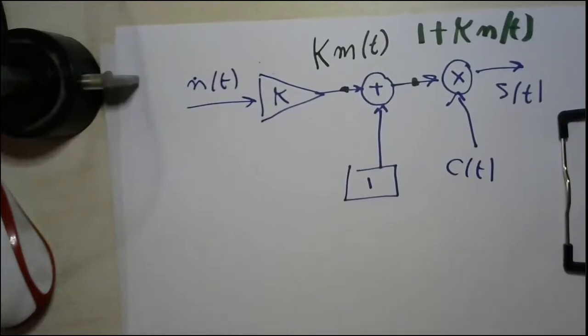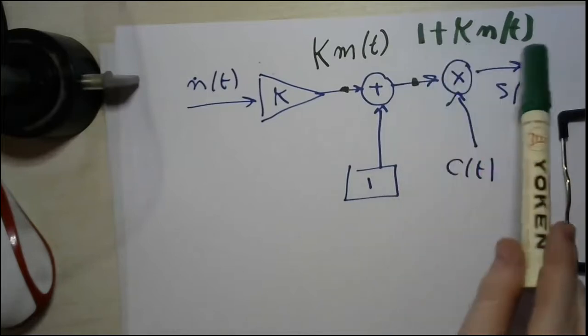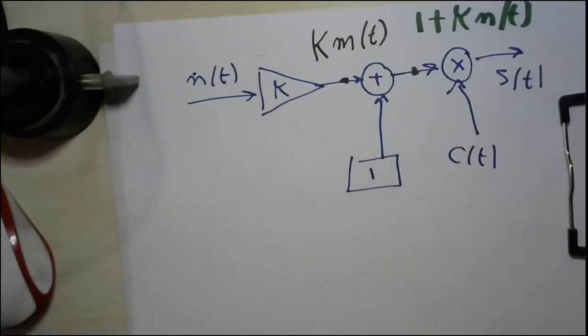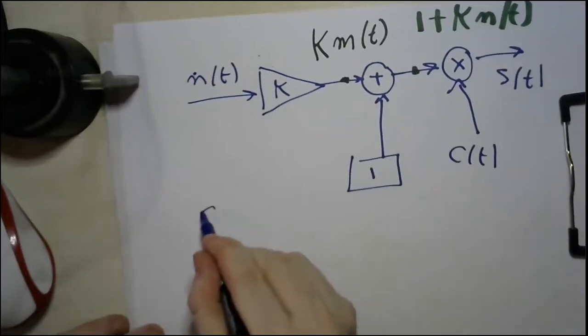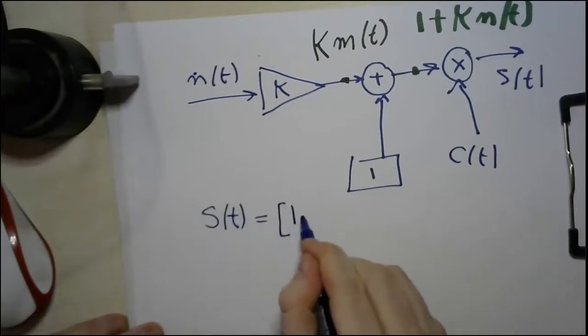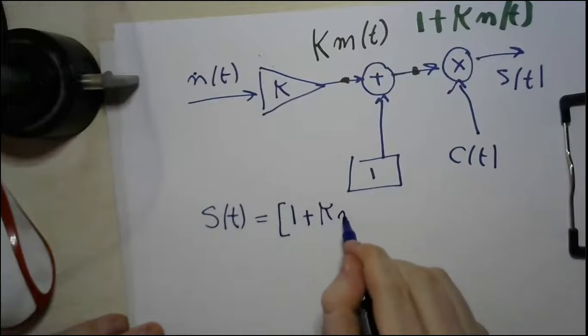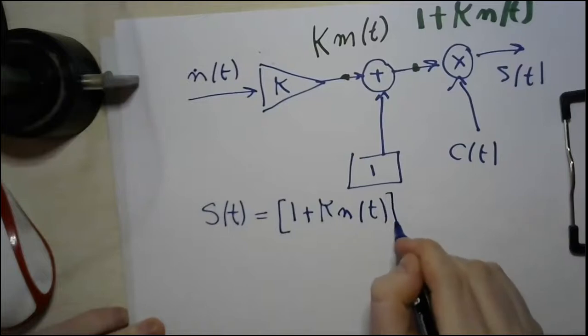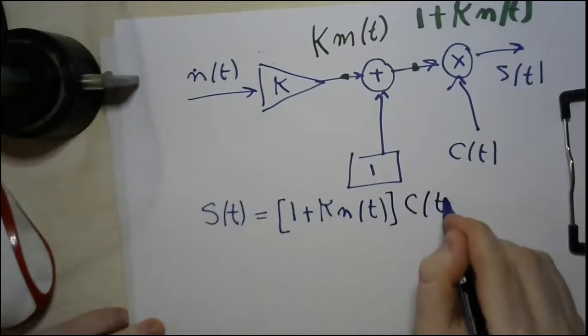So now the two inputs of the mixer are c(t) and 1 plus k m(t). Simply speaking, you can write a general expression for s(t). s(t) equals 1 plus k m(t), times c(t).